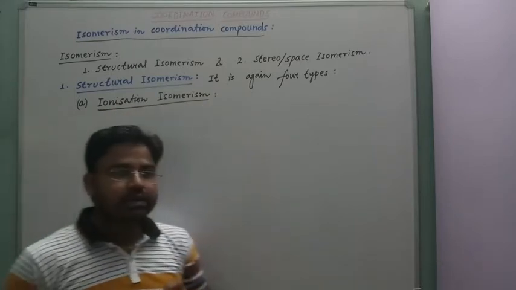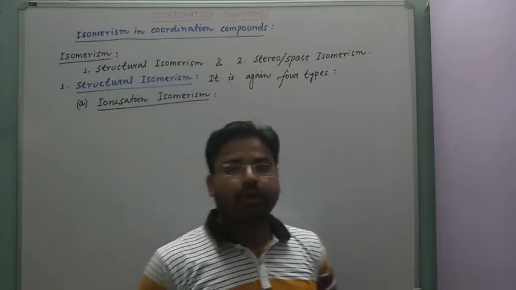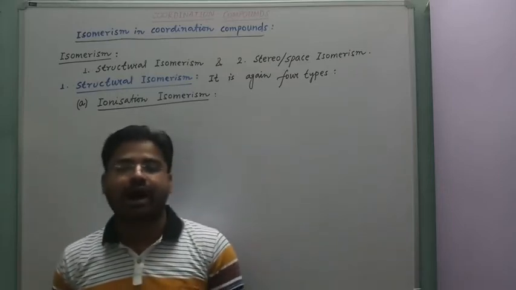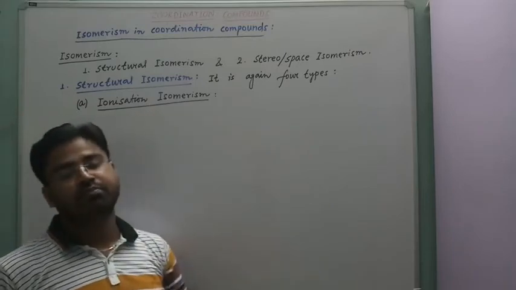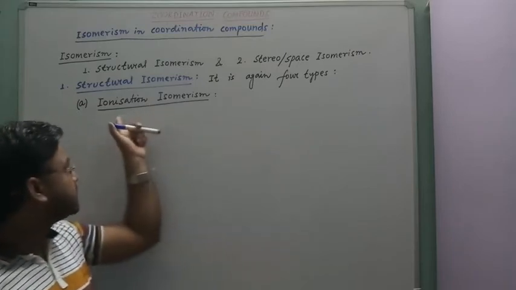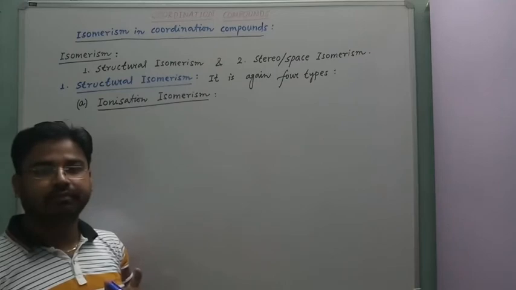What is ionization isomerism? The compounds which give different ions in solution, although they have the same composition, are known as ionization isomers.